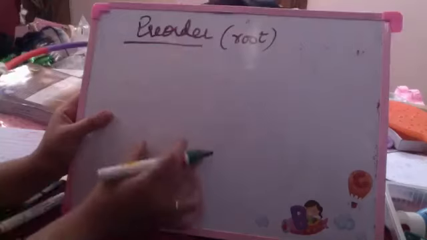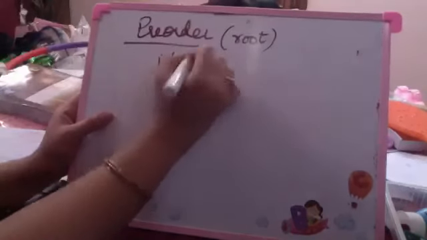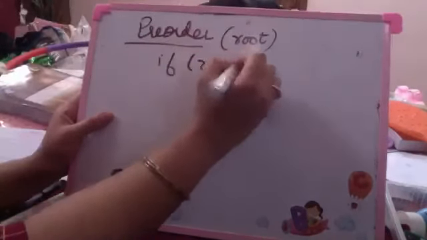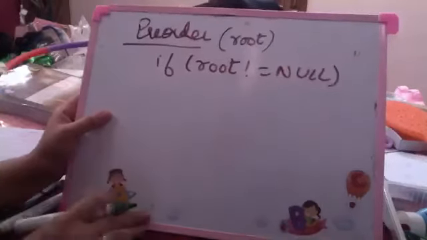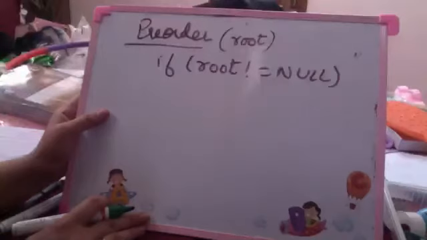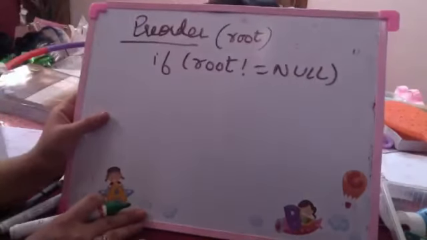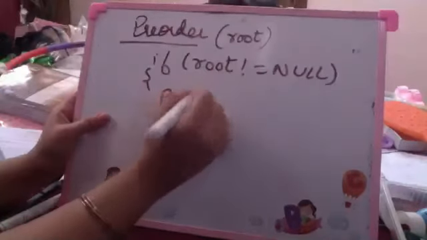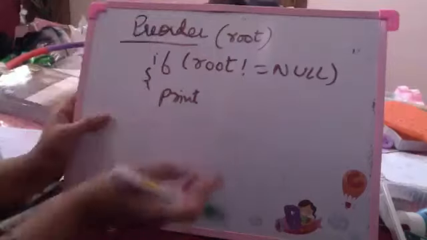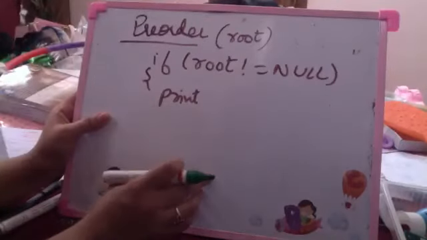In the code, if the root is not null, that means the tree is not empty. In case the tree is empty, I cannot traverse. If it is not null, then I traverse the root, then I traverse the left subchild, then I traverse the right subchild.